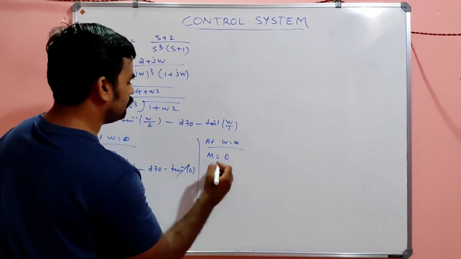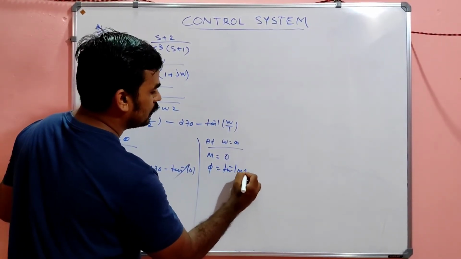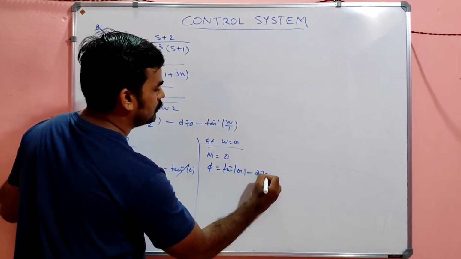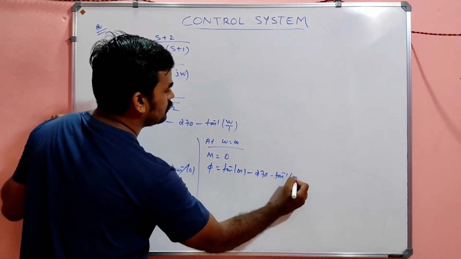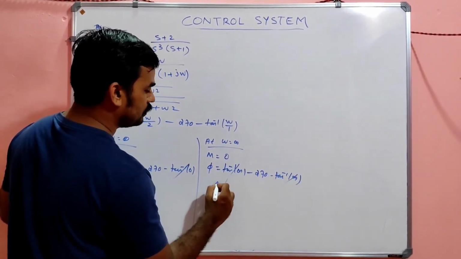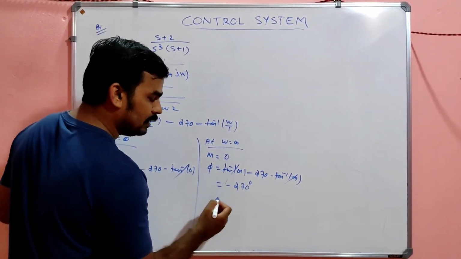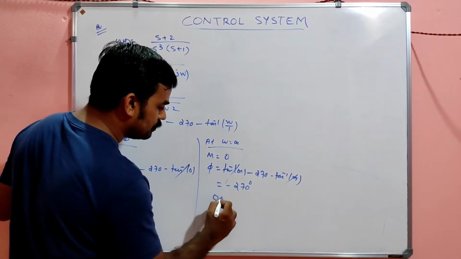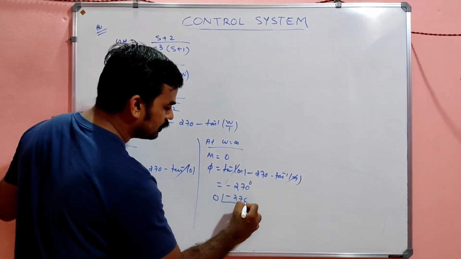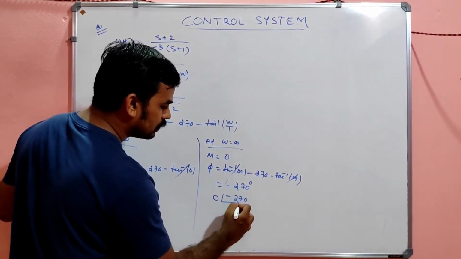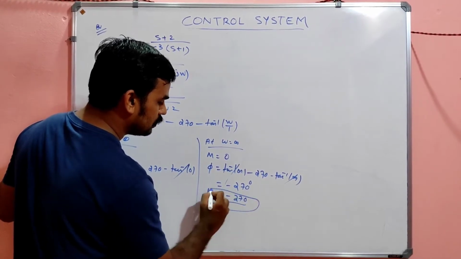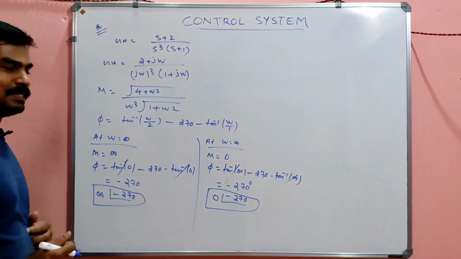Phase angle will be tan inverse infinity, minus 270, minus tan inverse infinity. So it will be cancelled, simply minus 270 degree. So the magnitude versus angle representation is 0 angle minus 270.